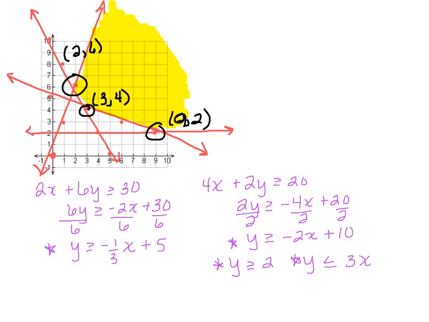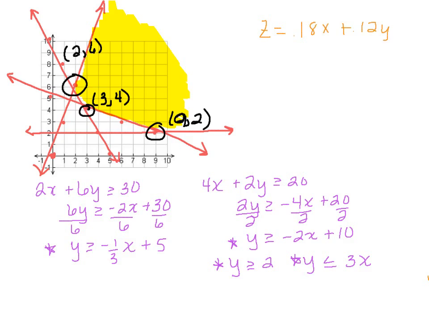So we have 3 places because we're looking for the minimum with our z function. So our z function was 18 cents times x plus 12 cents times y.